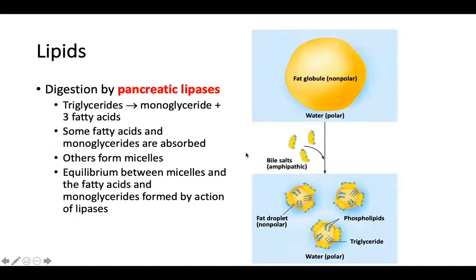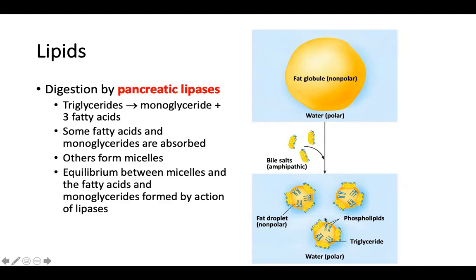Okay, so now lipase can come in. Let's look here at the schematic showing this larger fat globule, again non-polar, not interacting well with the polar water or aqueous environment around it. Bile salts can come in, start mechanically shredding that larger globule into smaller globules by its amphipathic nature.